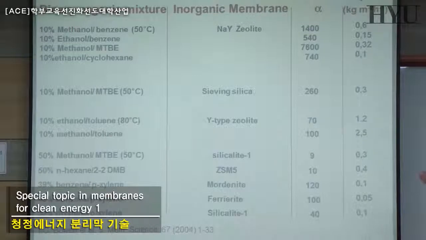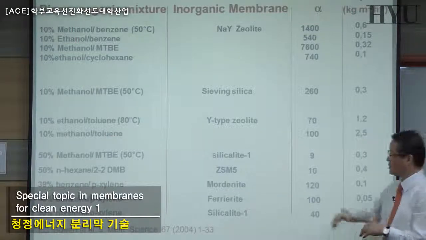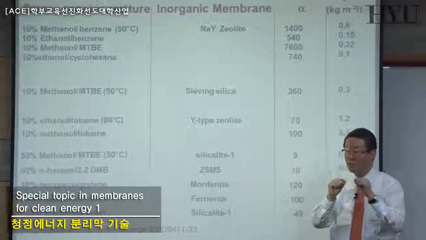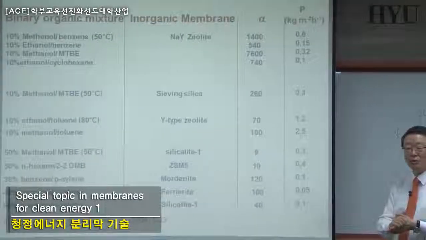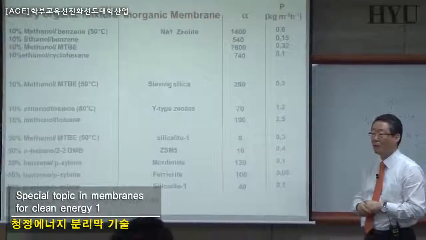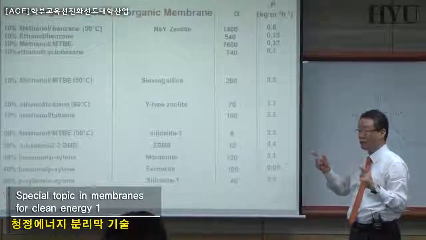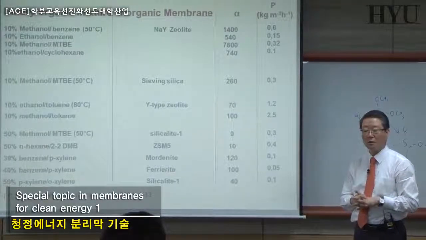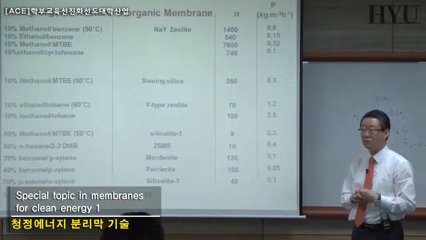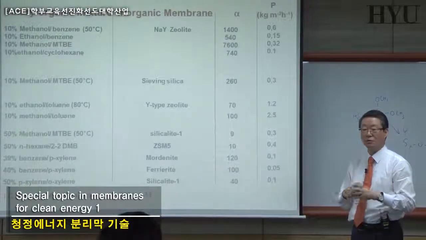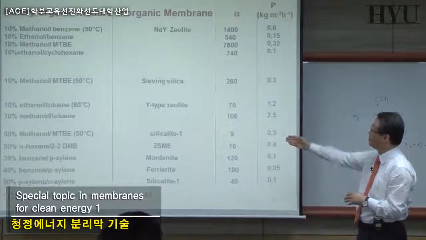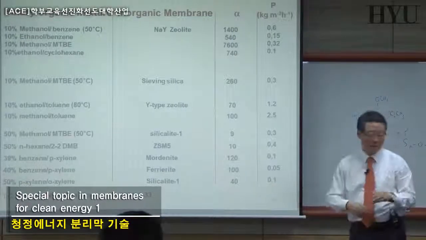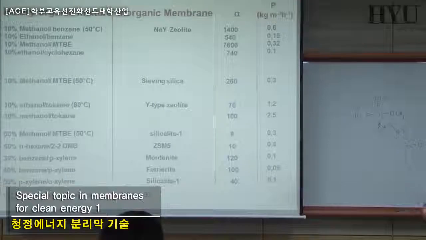So, a Japanese manufacturer used ZSM5 in a very thin form and made a plate and frame type of membrane, and it was installed in Brazil. I forgot about the production scale, but it's a huge scale, and the inorganic membrane for pervaporation is operating right now in Brazil.